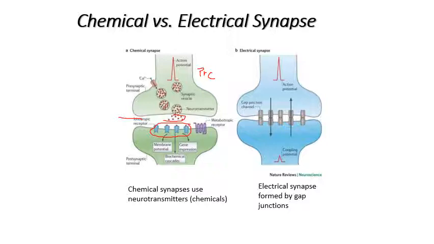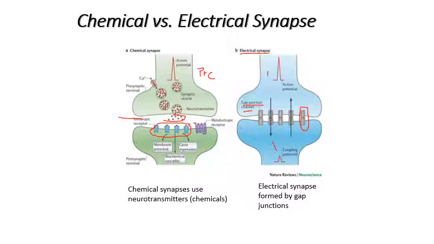We're going to focus for the next couple of slides on the electrical synapse. This is another setup, but we're not using chemicals. What we have are these connection proteins, these little gray guys here. These connection proteins basically make up a gap junction, a channel between the first cell and the next cell.